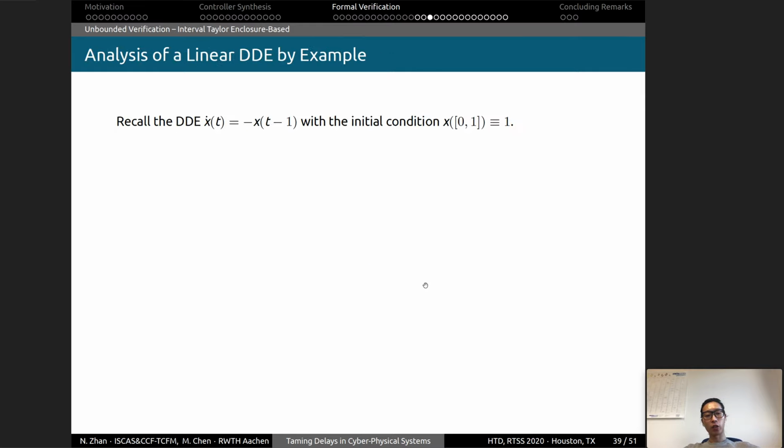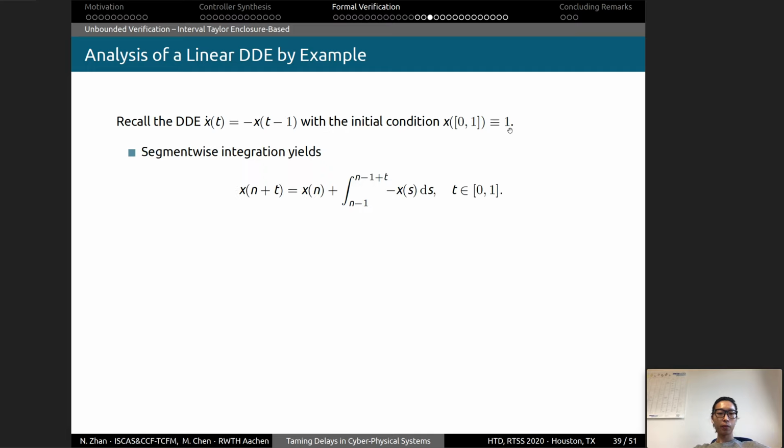So here I will show the basic technique by an example. Recall this simplest negative feedback system where the derivative of x is minus x(t minus 1), and the initial condition is a constant function equal to 1. If we do the segment-wise integration in this step, say on the time interval from 0 up to 1, this is what we get.